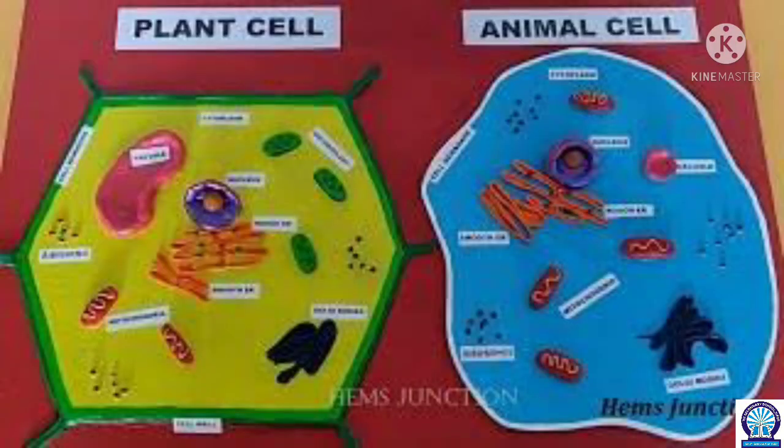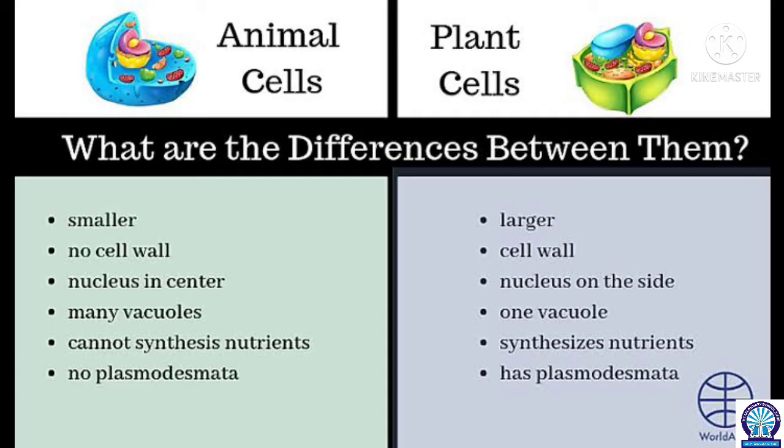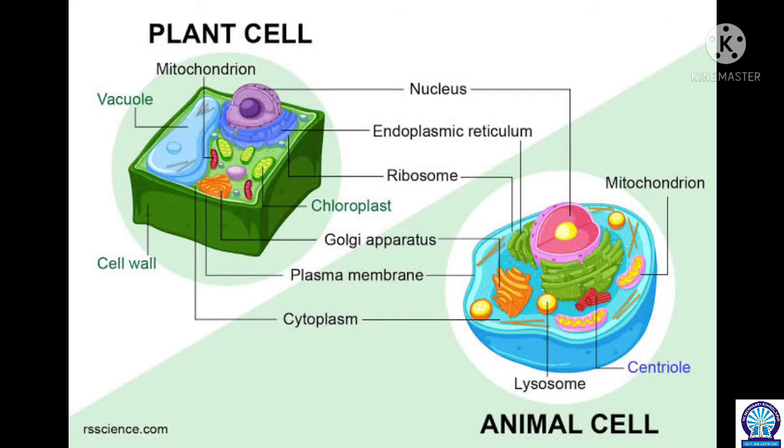When we compare an animal cell and a plant cell, there are some differences and some similarities. The difference is that the animal cell contains centrosome and lysosome, which are absent in plant cells, and the plant cell contains a cell wall, chloroplast, and a big vacuole, which are absent in the animal cell. Both animal cell and plant cell contain cytoplasm, nucleus, cell membrane, endoplasmic reticulum, Golgi complex.